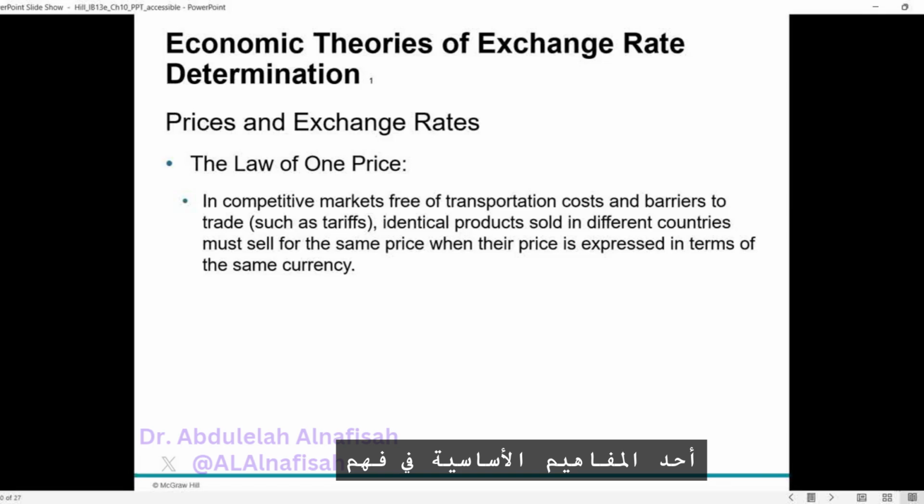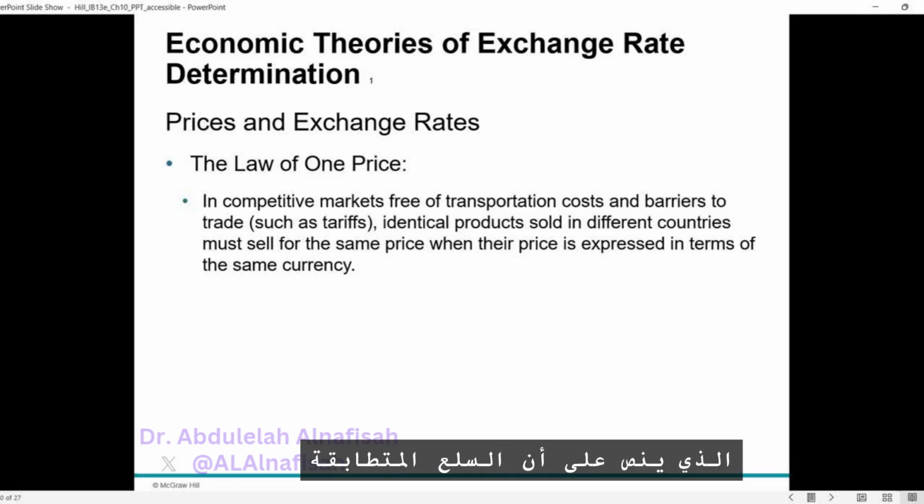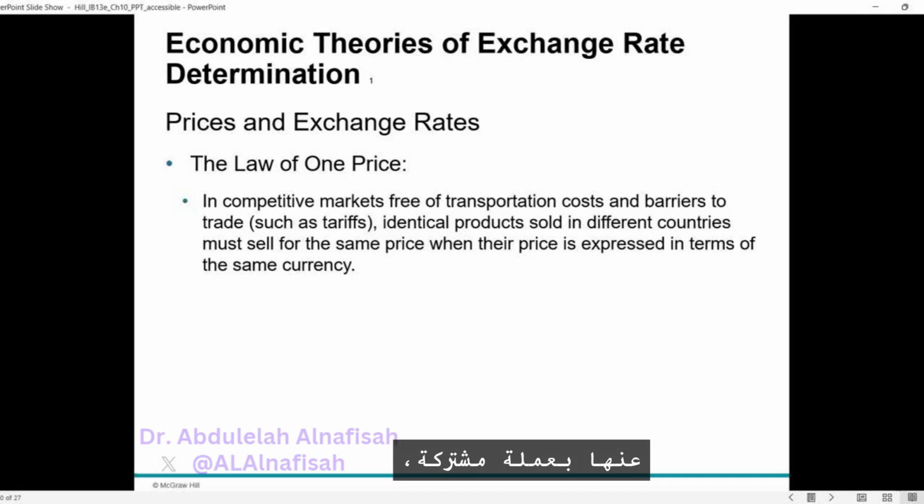One essential concept in understanding exchange rates is the law of one price, which states that identical goods in free markets should sell for the same price when expressed in a common currency, provided there are no transport costs or trade barriers.